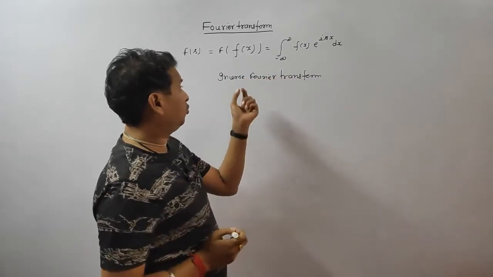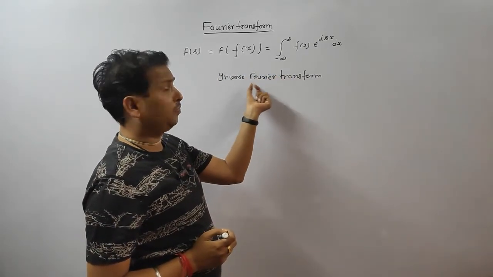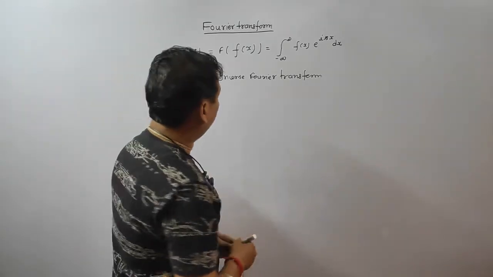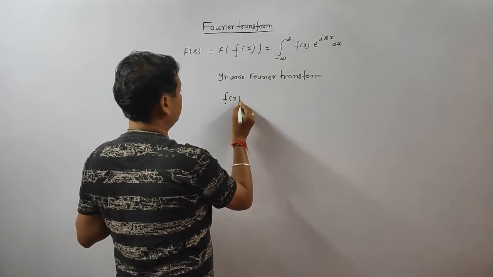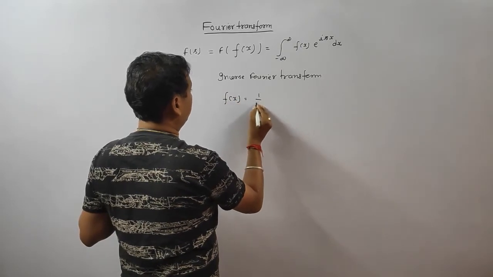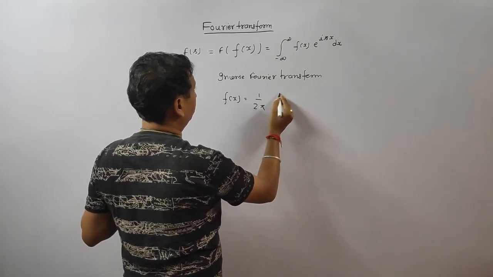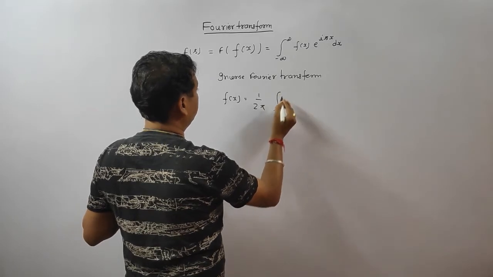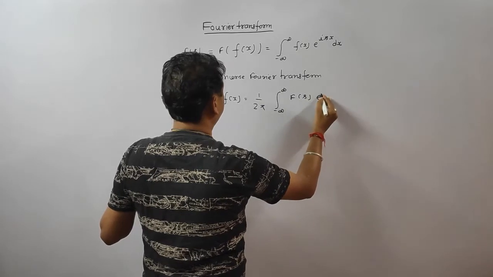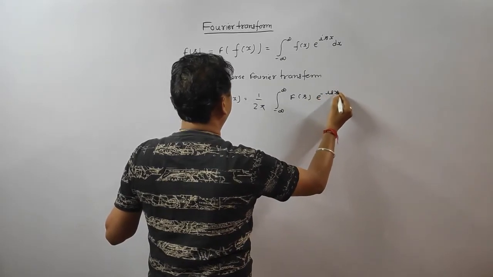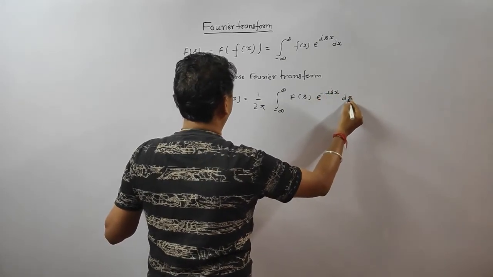For that purpose you require the inverse Fourier transform. So what is the inverse Fourier transform? That is f(x) is given by 1 upon 2 pi, the integral from minus infinity to infinity of F(s) e to the power minus isx ds.